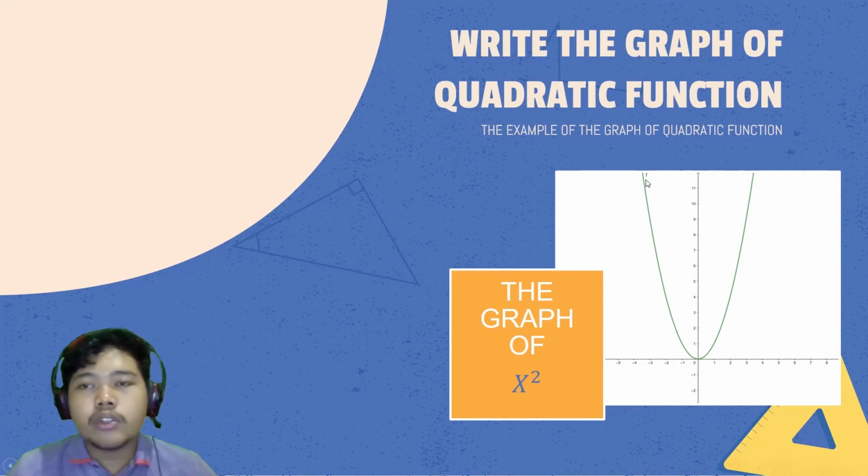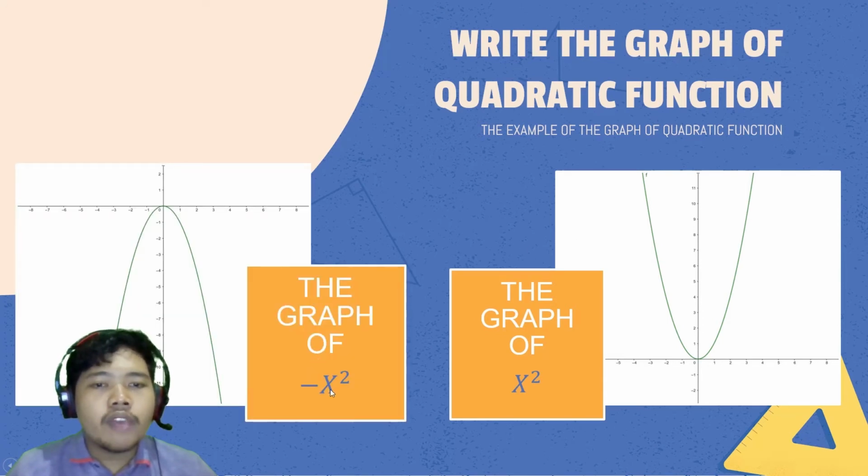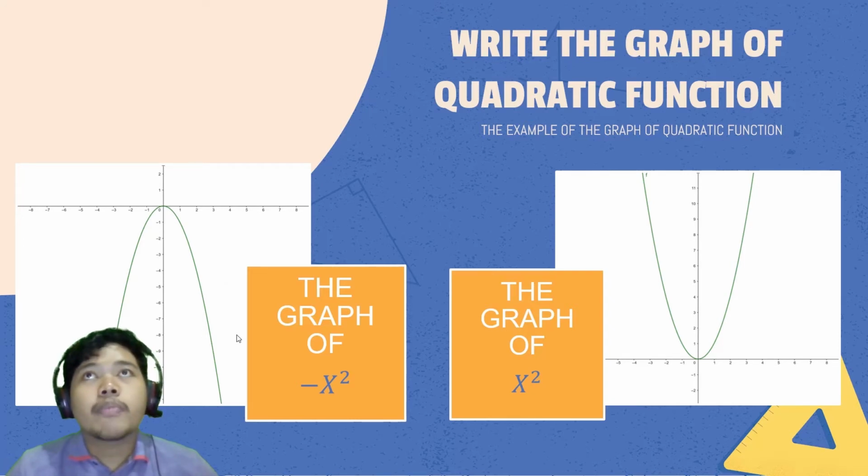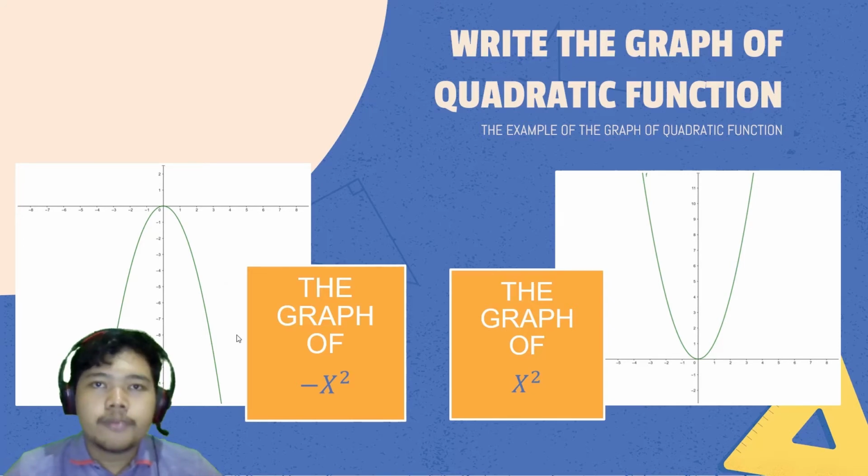Or we can also call this curve a parabola. And then this is the graph of minus x squared. So the quadratic function will always have a graph like a parabola, or like the letter U.